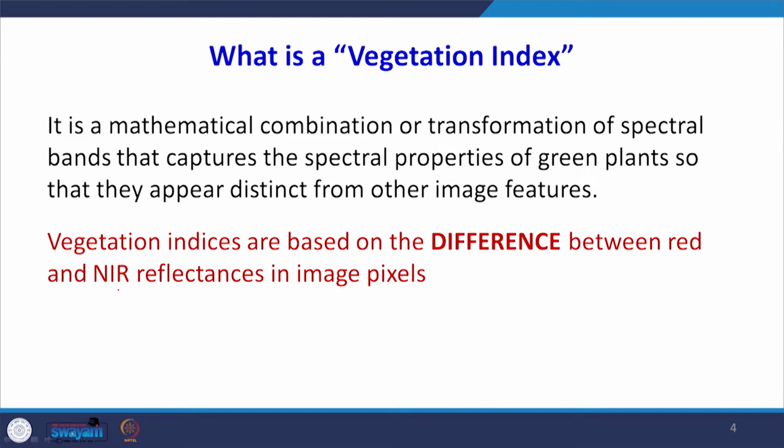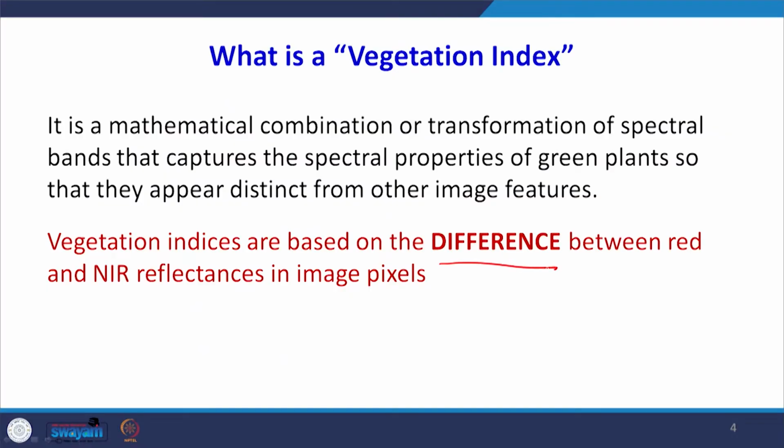Very useful and important here is the difference index. The difference index is the difference between the near infrared and red bands. If a satellite sensor has near infrared and red band data available, and we take the difference of the two bands and create a new image, that image is considered better for vegetation discrimination.